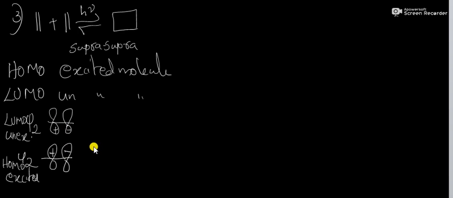Then following supra-supra addition, that is same face addition, this is supra addition. So plus addition, minus addition, same symmetry. So it is symmetry allowed. Both sigma bonds are bonding interactions.